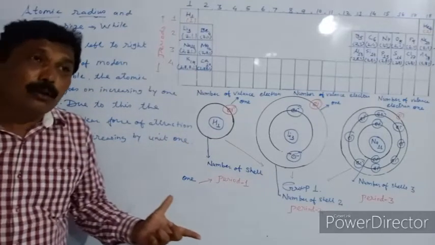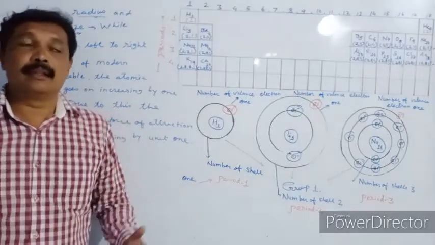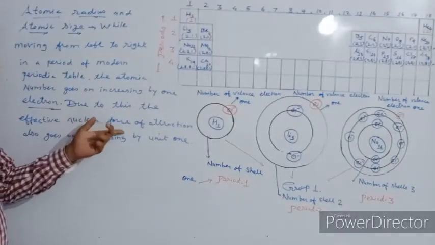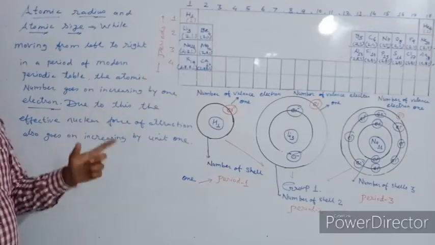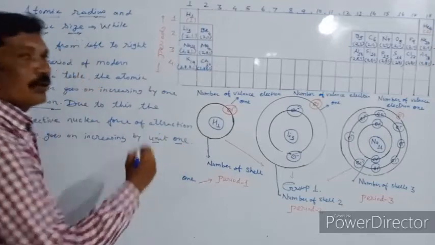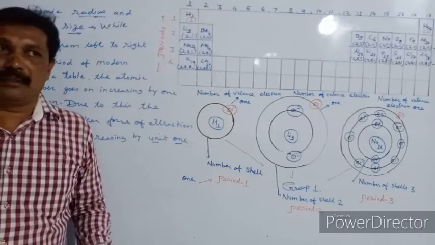If the atomic number goes on increasing, then what will happen? The effective nuclear force of attraction will also go on increasing by 1 unit.